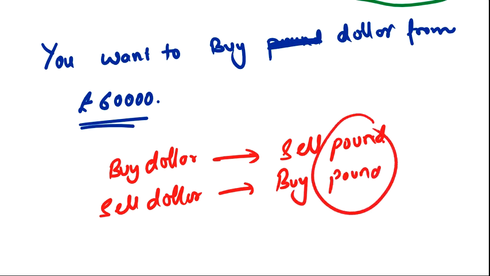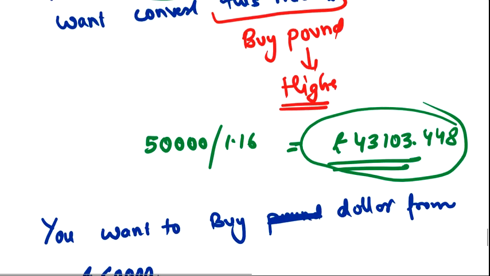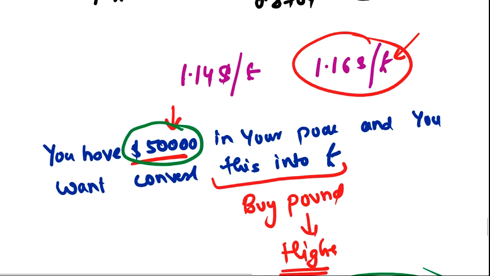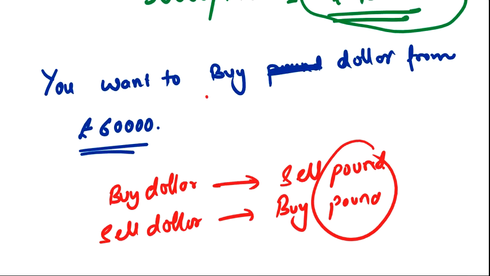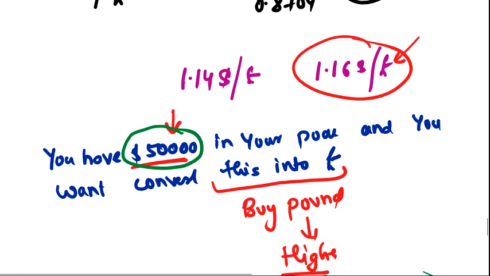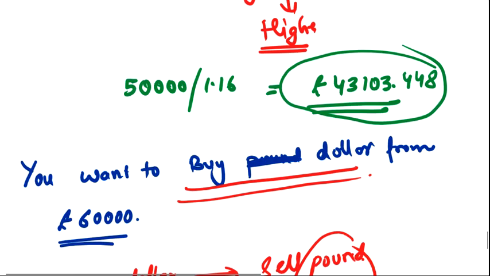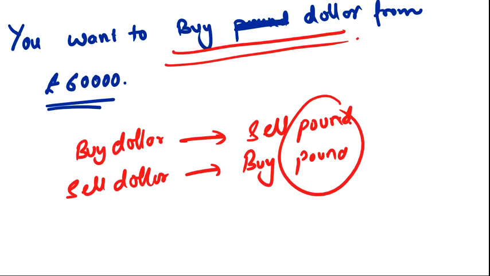Now why have I converted this into pound? The reason is that my base currency is in pound terms. So over here I want to buy dollars, which means I want to sell pound, and whenever I am going to sell, I am going to sell at a lower rate. So I am going to utilize this. So what rate? 1.14.